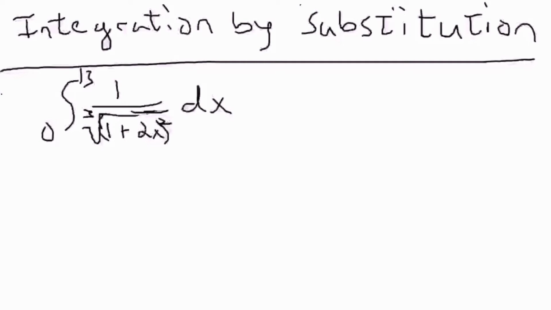And for this case, I'm going to have u equal to 1 plus 2x. Now, that's the inside term of the cube root function. When I do this, use substitution, I'm also going to take the derivative of u with respect to x.